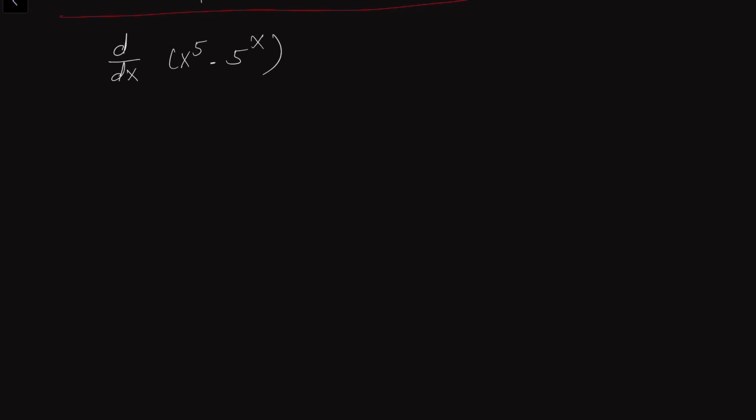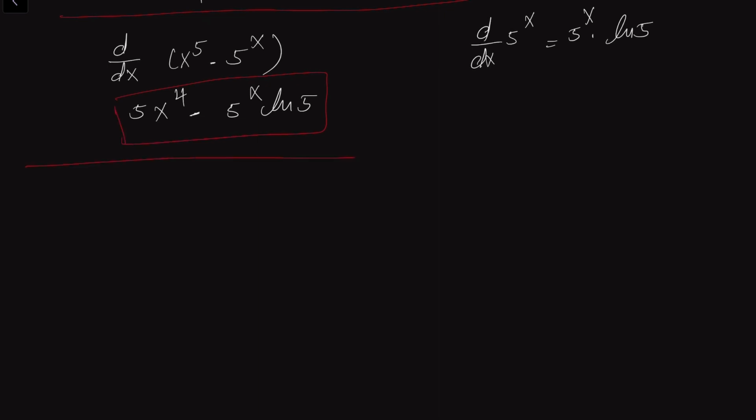We have the rule d/dx 5^x equals 5^x times the natural log of the base, which is 5. So that's it, let's apply this. The derivative of x^5 is 5x^4, minus 5^x ln 5. And that's the answer.